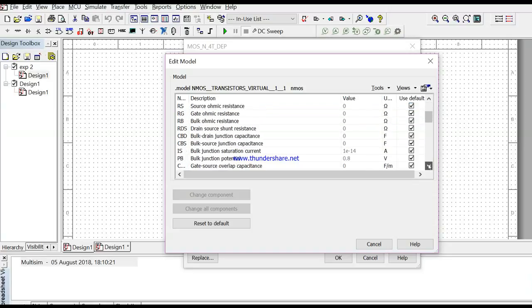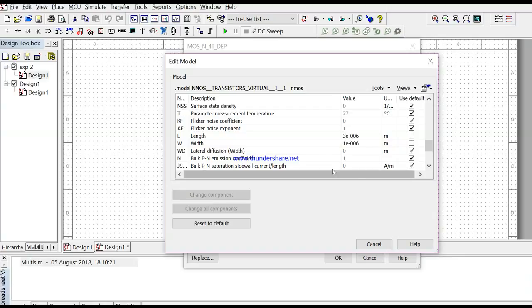Now omega by L, that is W by L, width and length. So I have taken over here 1/3 is my W by L ratio, W by L of the load. So I have taken here 1/3, 1 micro by 3. It's 1/3 only. Okay.